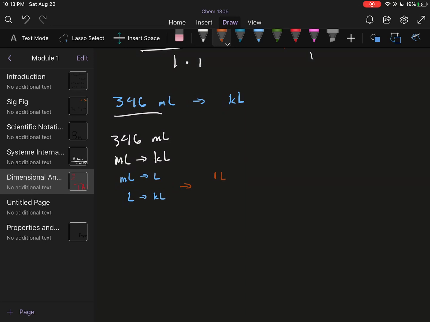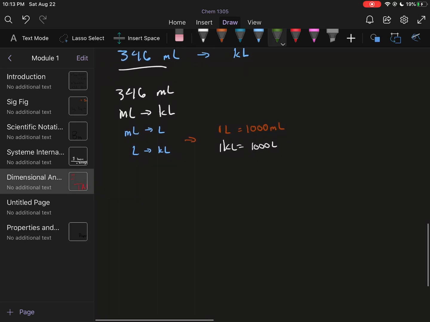So again, 1 liter is equal to 1,000 milliliters, and we know 1 kiloliter, that's a lowercase, is equal to 1,000 liters. So again, we start off with what we are given, 346 milliliters.